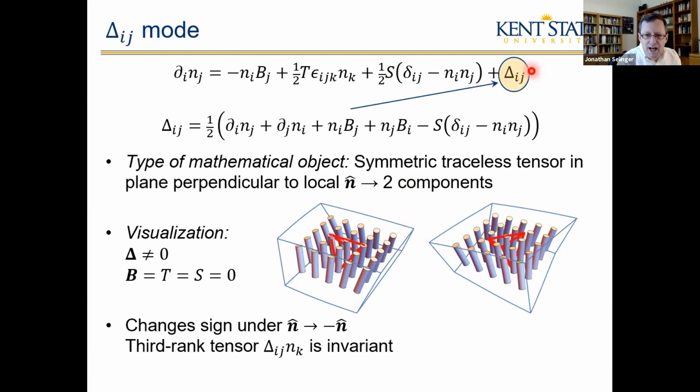This can be characterized by a symmetric traceless tensor in the plane perpendicular to the local n. So it looks like a rank 2 tensor, but then you say, oh no, this is odd in n. I really need something even in n so that it'll be invariant under this symmetry. So let's multiply it by n again, same as we did with splay. That makes a third rank tensor to characterize this kind of director deformation.